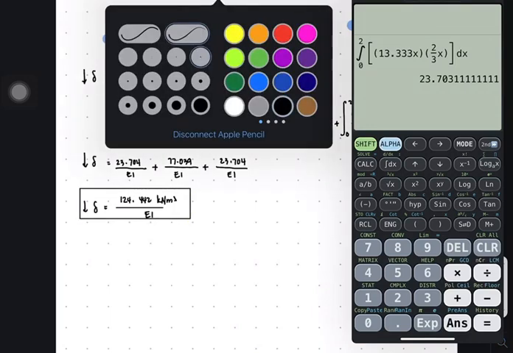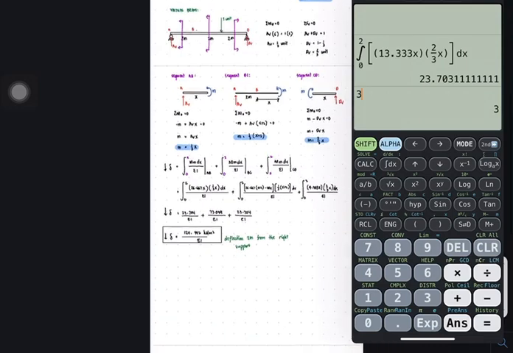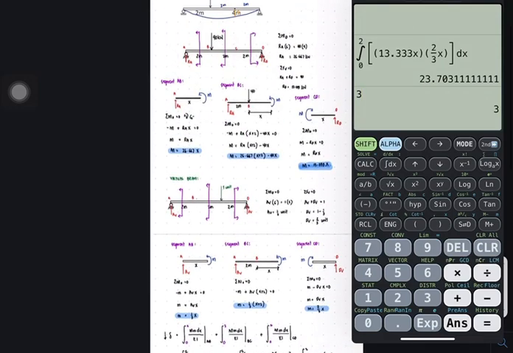So this is our deflection 2 meters from the right support. There. This is our example number 1.